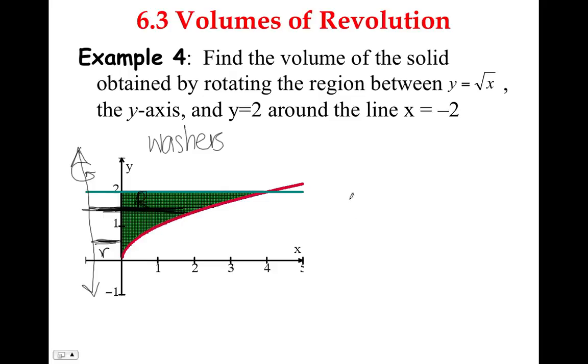So this is going to be pi times the integral. Y is still going from 0 to 2. My big radius, instead of being top minus bottom, is right minus left.